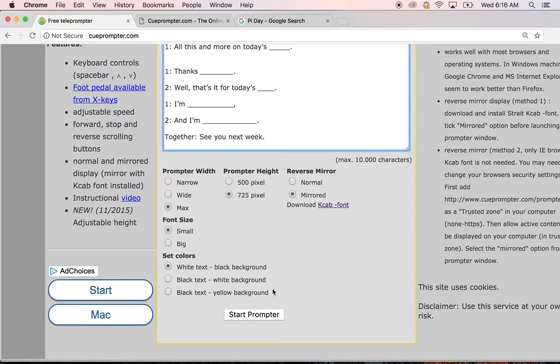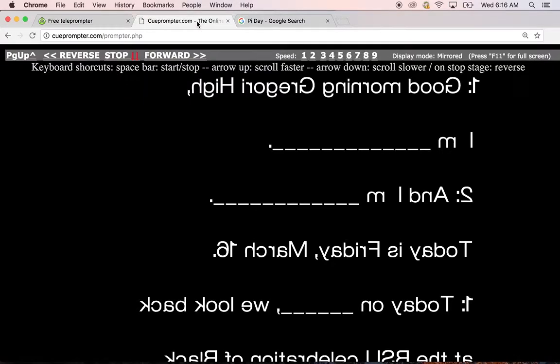If I go ahead and hit the Start Prompter button, we come over here to the actual Q prompter. And as many of you should know by now, this is what it's going to look like to the teleprompter operator. The words are going to be mirrored. The font is special so that we can present the teleprompter text to the two anchors in readable form.